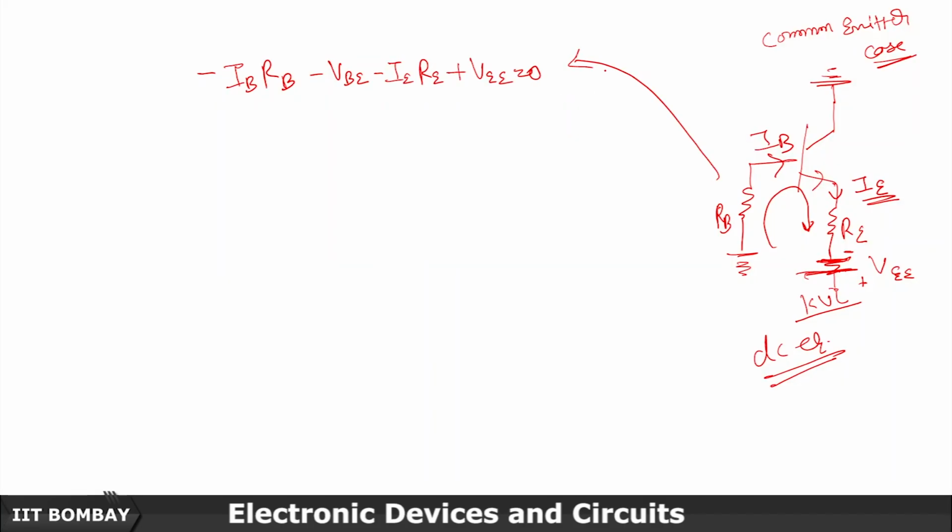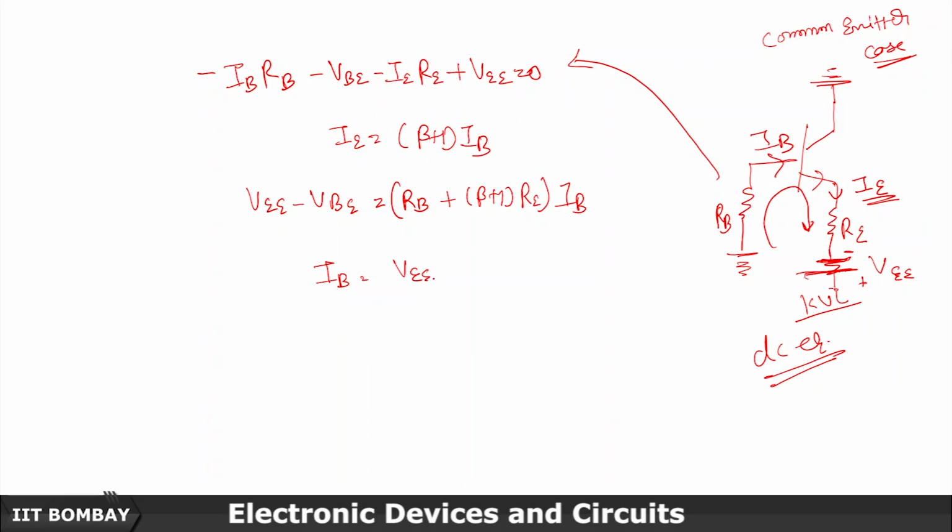If I simplify it, and assuming IE is equal to beta plus 1 times IB, what I get is VEE minus VBE is equal to RB plus beta plus 1 RE, times IB. So IB here comes out to be VEE minus VBE divided by RB plus beta plus 1 RE.